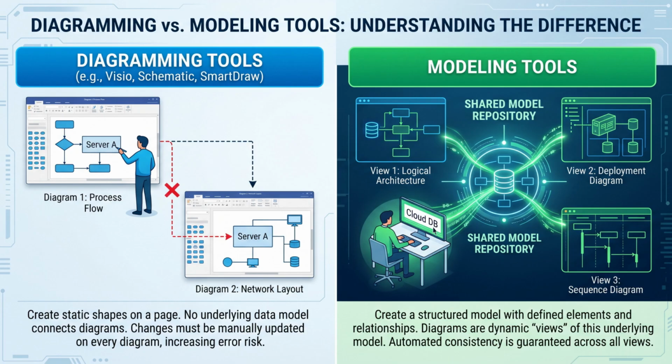But with a true modeling tool, we are building something much deeper. Instead of just drawing pictures, you're actually creating a smart, interconnected web of parts and relationships. And those diagrams we end up looking at, they're really just a visual window or a quick snapshot into that powerful underlying model. So here's where the real magic happens. When we tweak or change a piece on our diagram using a proper modeling tool, we aren't just erasing a line on a screen.